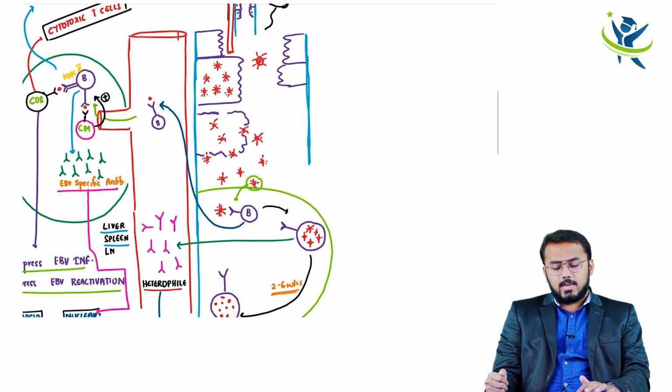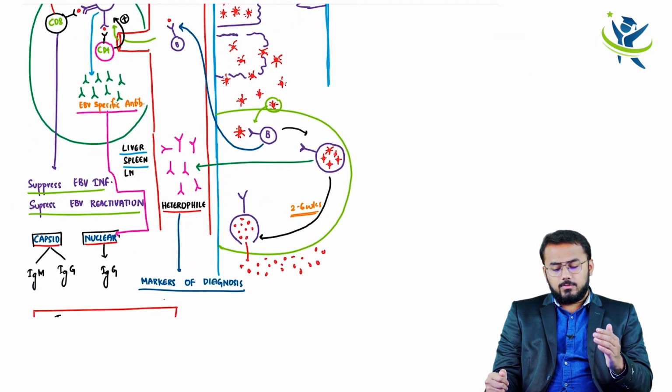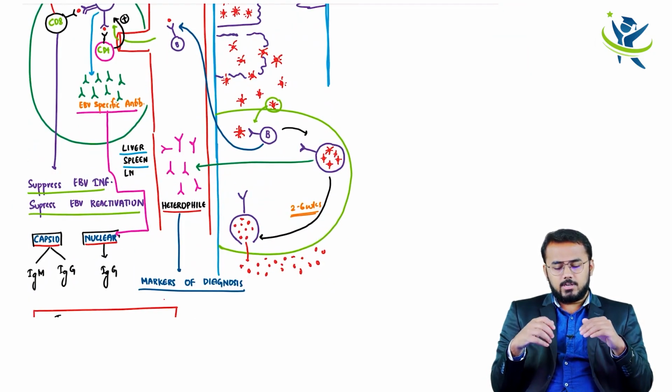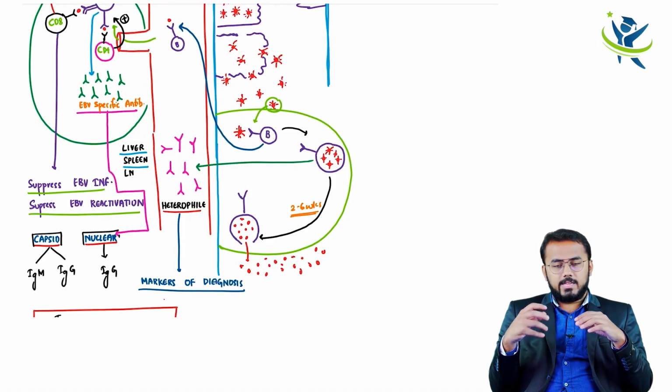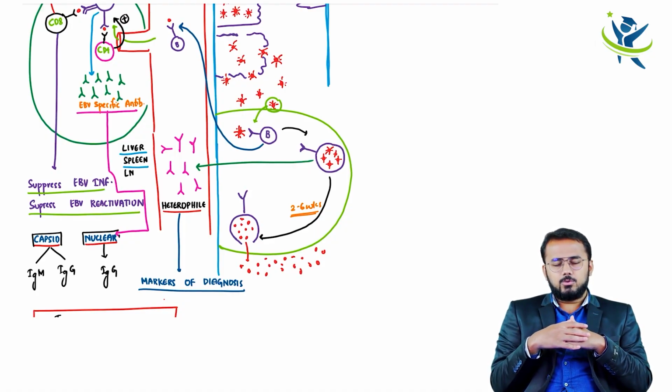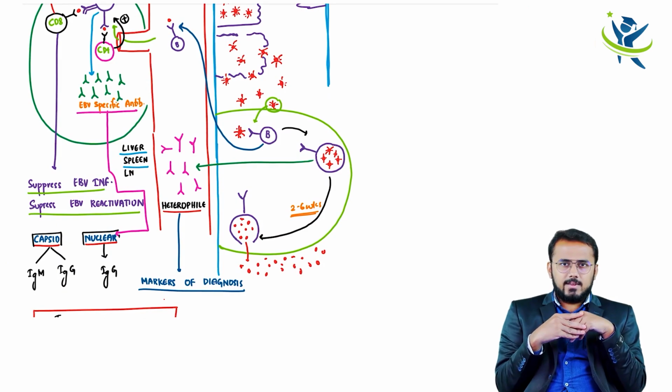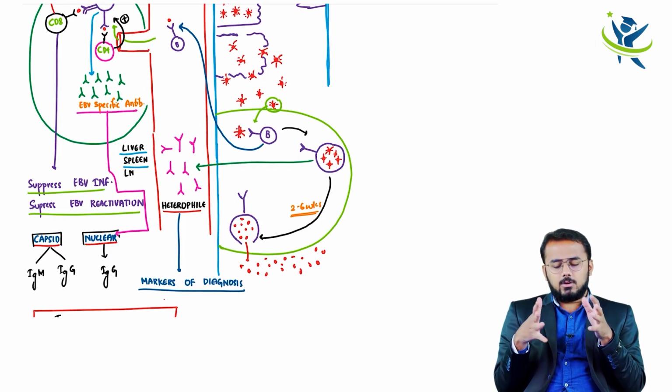Finally, after 2 to 6 weeks of division, the B cell starts releasing all this virus into the lumen. At this time the viral load is too much.